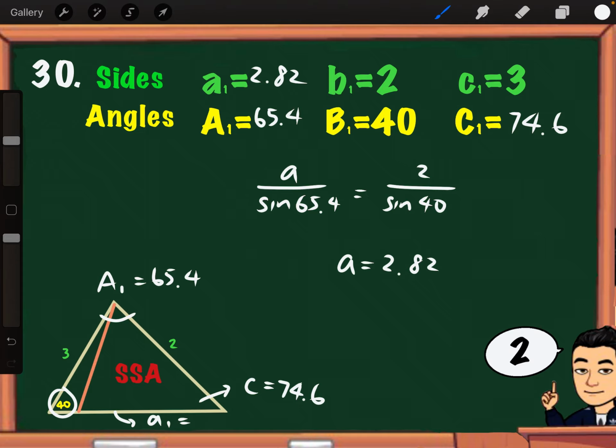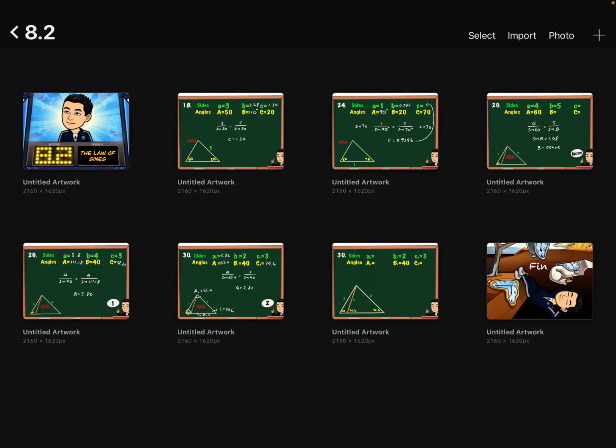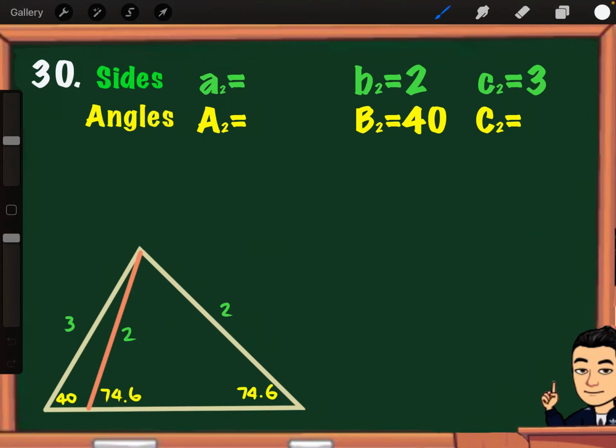Let's check out the second solution. Here's the explanation on the second solution. We already know that the angle C, from the previous solution, I call it the angle C1, is 74.6.